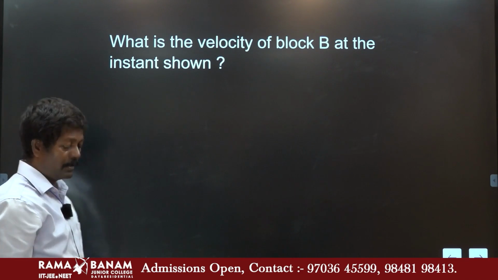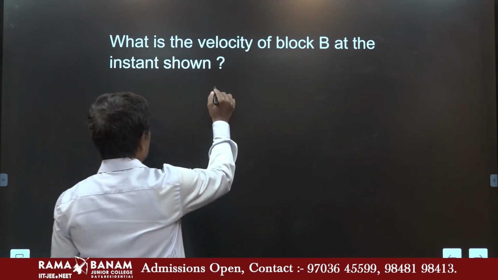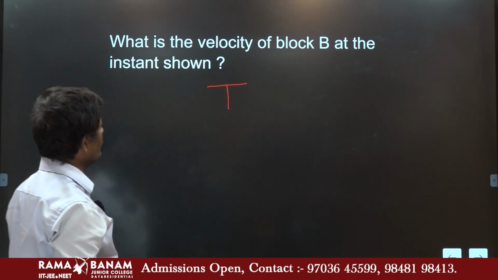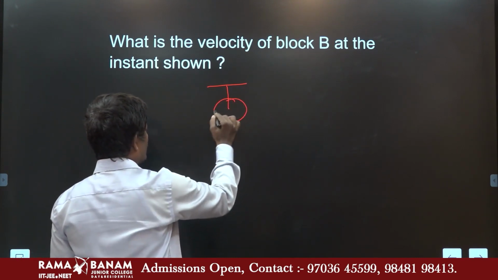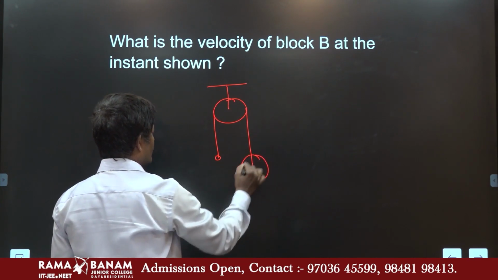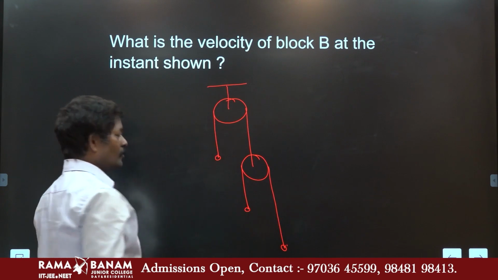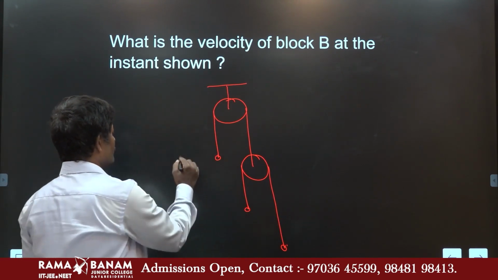Let us see one more example. What is the velocity of block B at the instant shown? We are taking a pulley system here. So we will take A, B, C blocks.